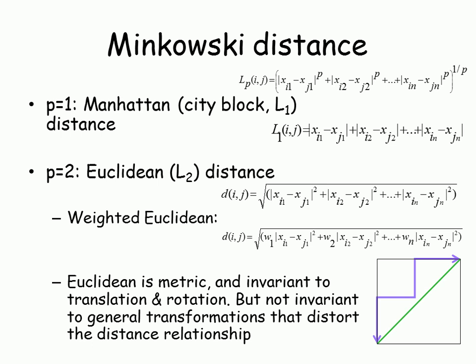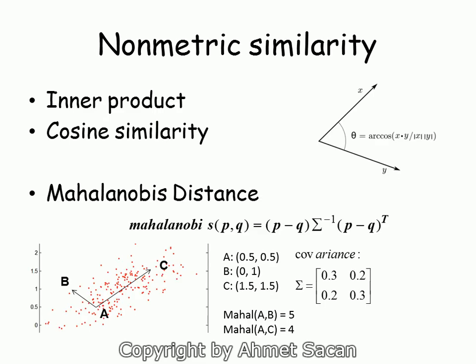So weighted Euclidean is where you can weigh different information differently. Instead of taking the average, you add weights based on how important things are.